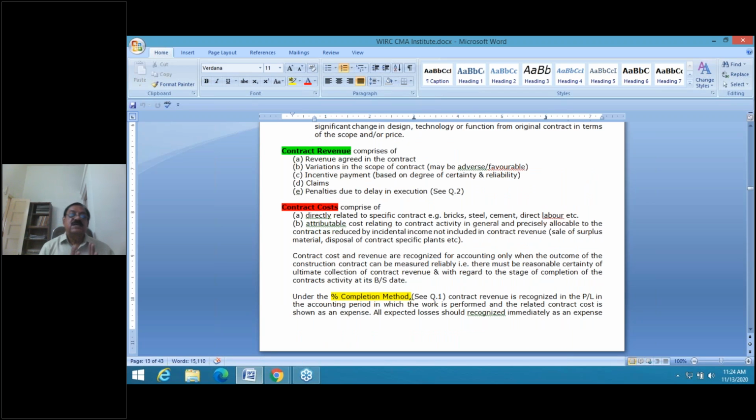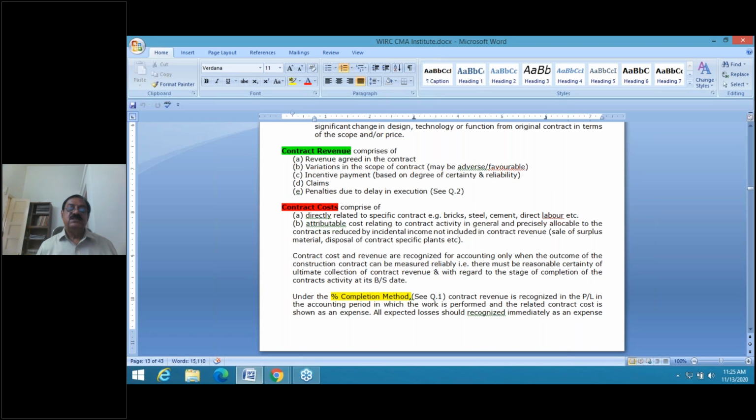Friends, what is included in contract revenue? This term is wider than what you normally refer to under contract costing in the cost accounting subject. It is the revenue agreed in the contract, the basic price, maybe a fixed or a cost plus contract, whatever. Over and above this, what are the other elements included?